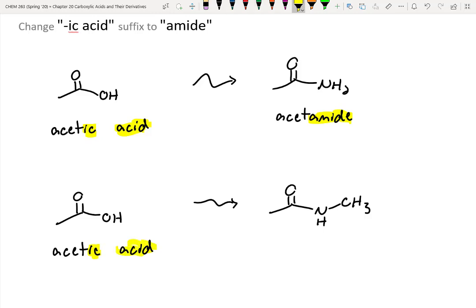But this time, just like with esters, we need to identify the group coming off of the nitrogen. So the group coming off of the nitrogen is a methyl group. We're going to add that at the beginning, but to indicate that it's coming off of nitrogen and not something else, we're going to say N-methyl. And the N needs to be capitalized in this case. So we'll indicate that substituent, and then we'll just identify the parent as normal. So it'd be N-methyl acetamide.